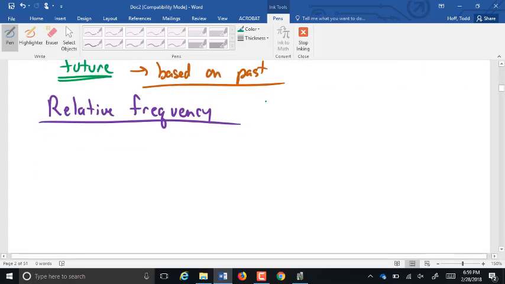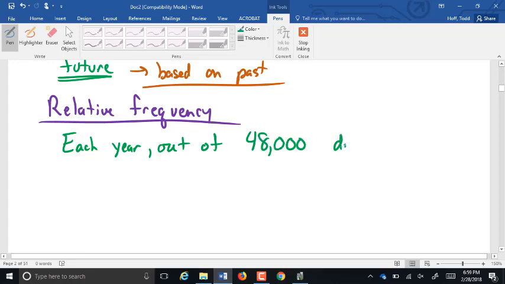So let's say that each year, out of 48,000 drivers in the first year of their license. So in other words, that's most likely 16-year-olds who just got their driver's license.